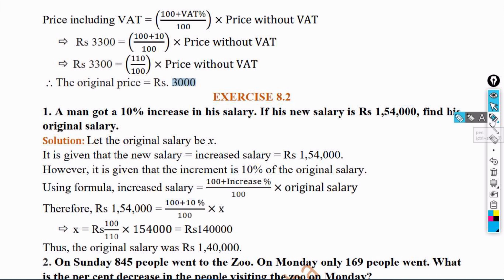Cancel and calculate that. Here 0 cancels with 0 and cancel by 11. 11 ones are 11, remainder is 4, 11 fours are 44, and put 2 zeros and multiply by 100, it becomes 1,40,000, which is the original salary.